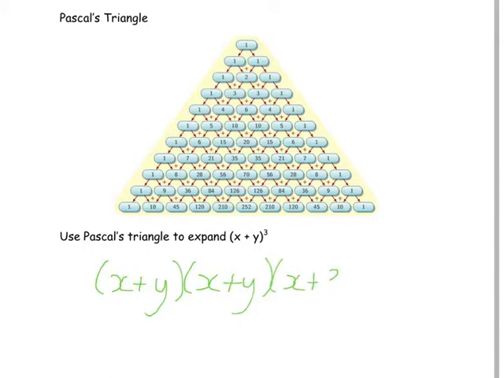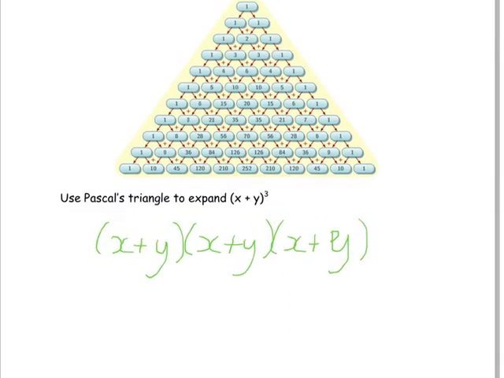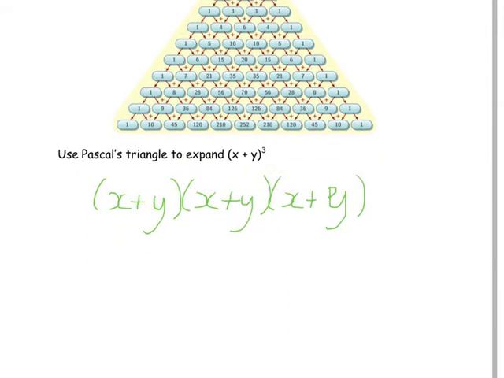And to do this would be quite a long-winded process, because the first thing we'd have to do is expand the first two brackets, which would give us x squared plus 2xy plus y squared, and then we'd have to multiply those three terms by the (x plus y), which is quite a long-winded process, but let's have a go at it just for this example.